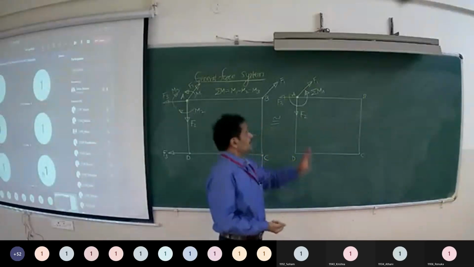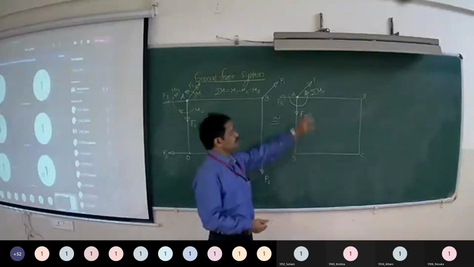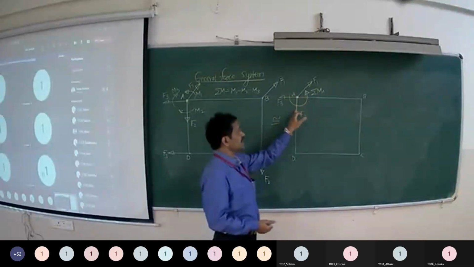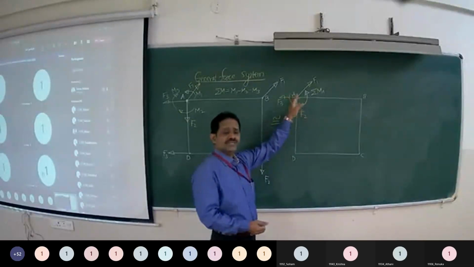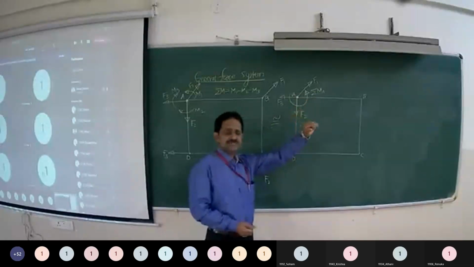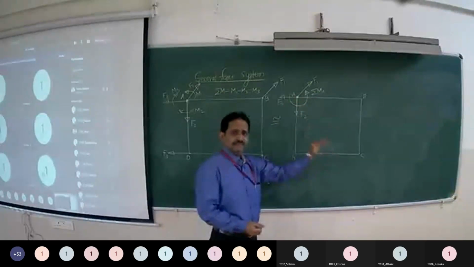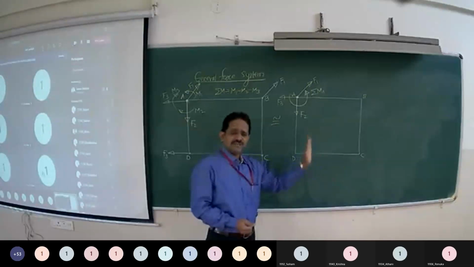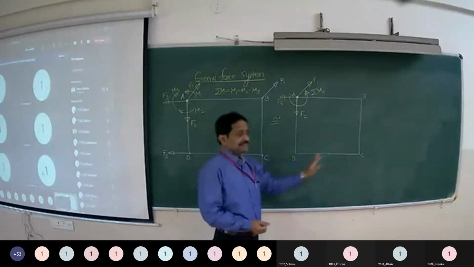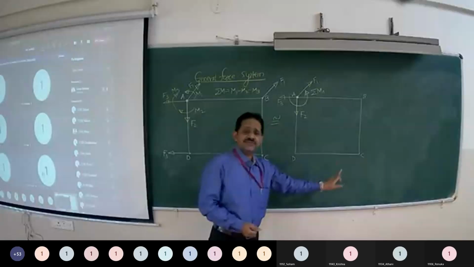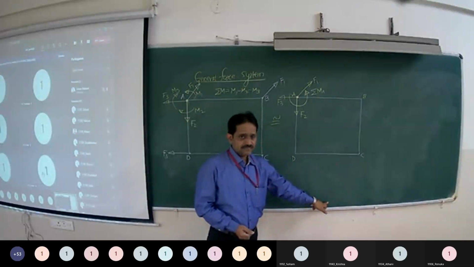Right. Now we can easily find out the resultant of this concurrent force system. So resolving each force into xy components, summation Fx, summation Fy, R is equal to square root of summation Fx square plus summation Fy square, direction tan inverse summation Fy upon summation Fx. Right?